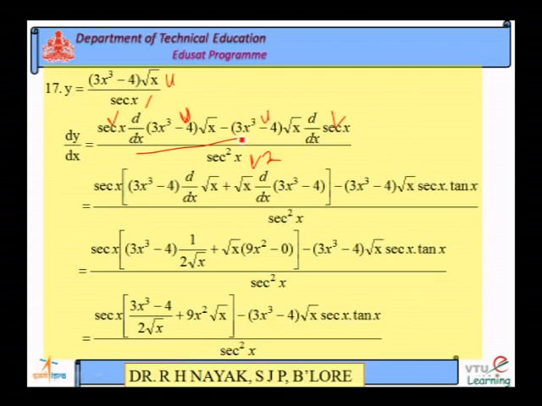U is 3x cube minus 4: d by dx of root x plus root x into d by dx of 3x cube minus 4. It is the product rule only: u into d by dx of v plus v into d by dx of u.